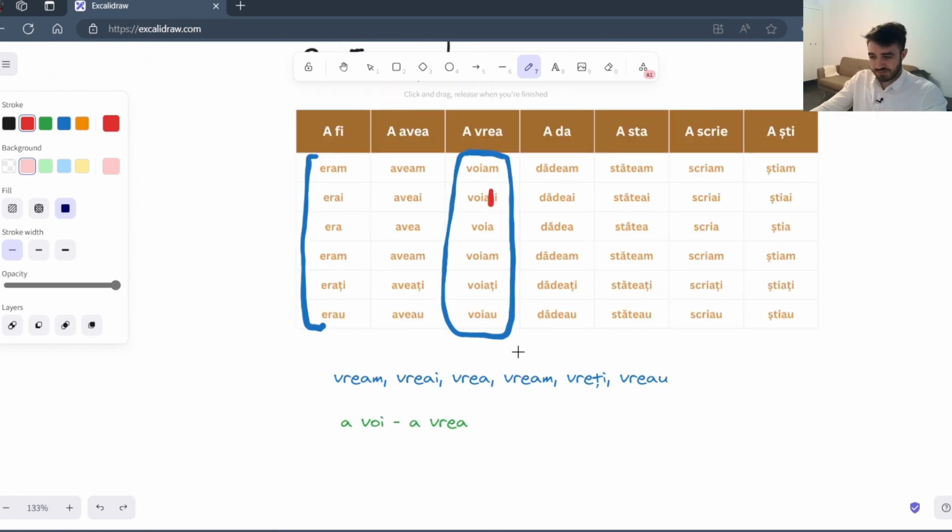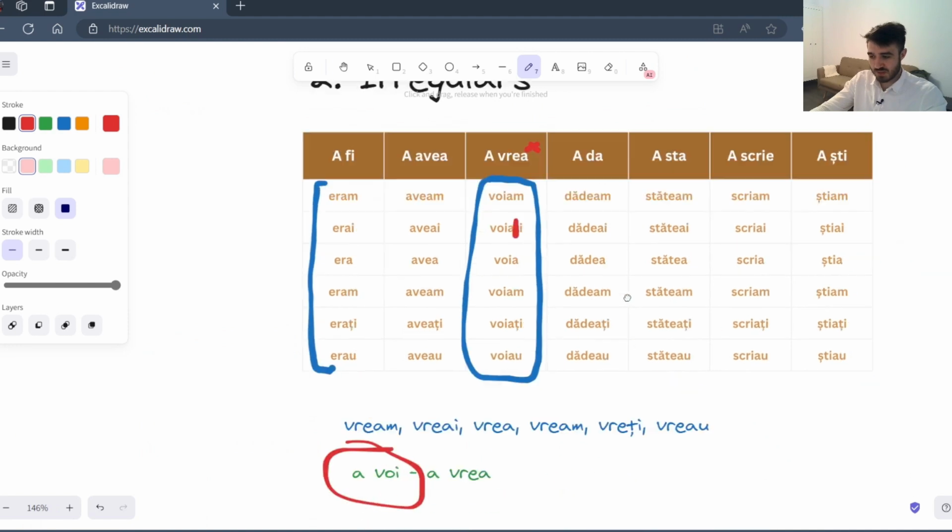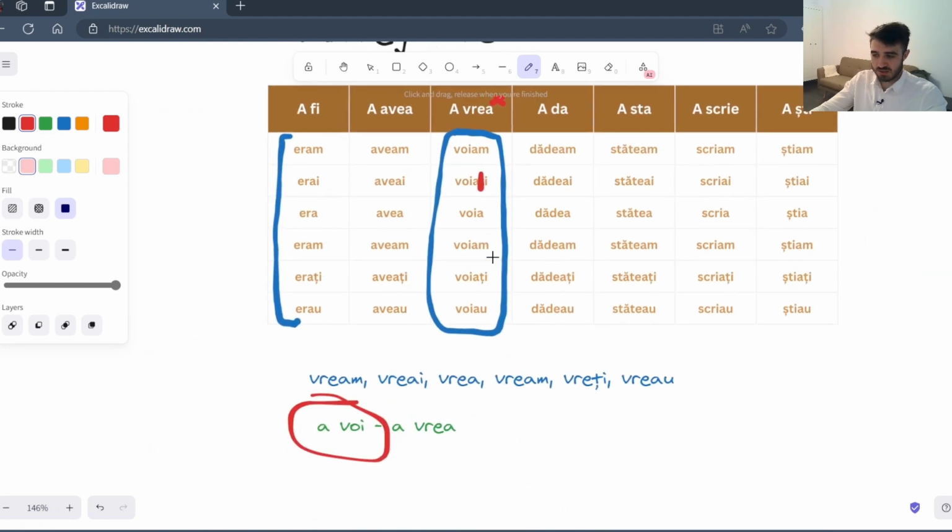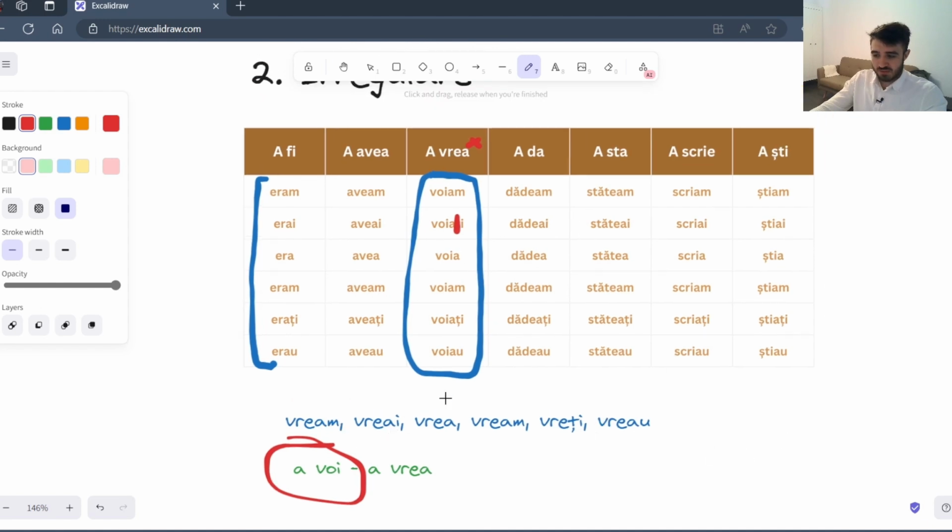So you will use a voi instead of a vrea. That's a special case. And you should use a voi, voiam, voiați, and so on, instead of vream. Then the dam, the day, this is quite different. The da will change to something like dud.